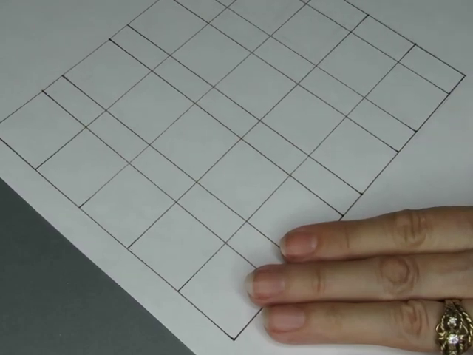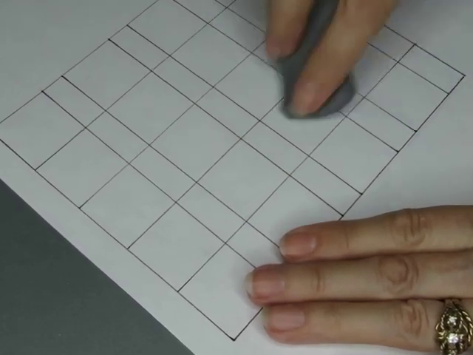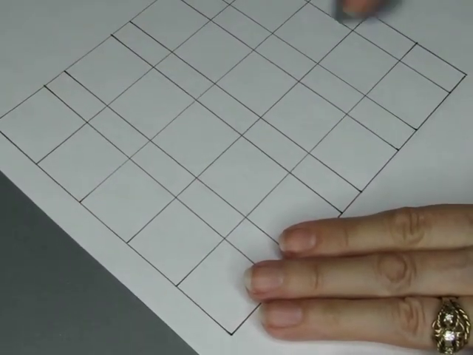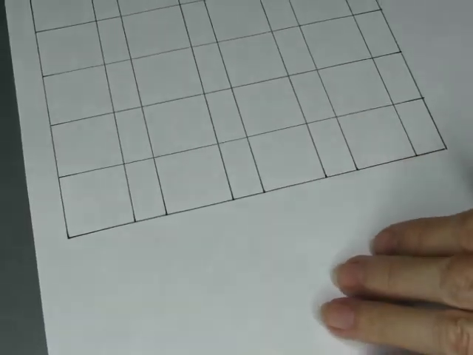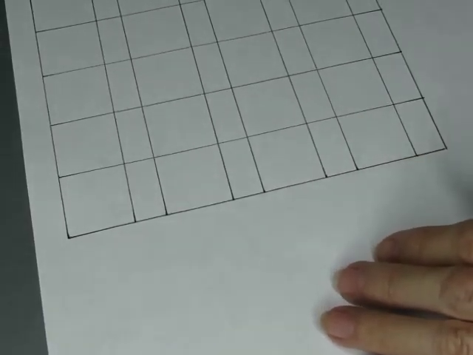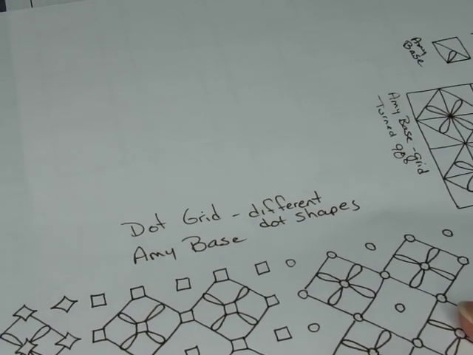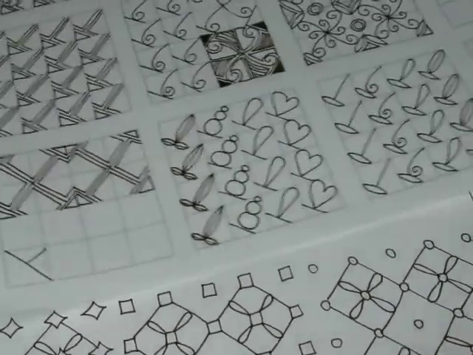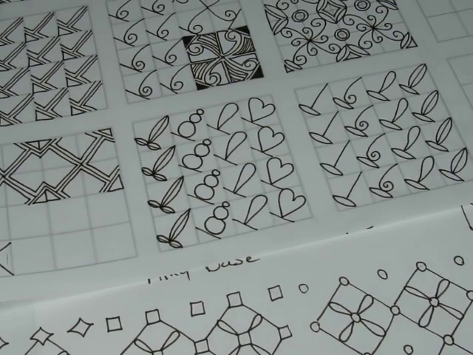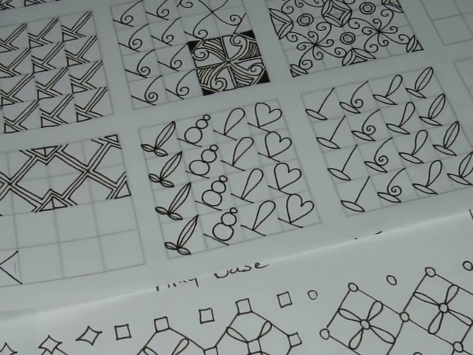So how am I going to play with this grid? Let's do 2 different patterns from the stuff that we've played with before, which is this page and this page. What did I like? What didn't I like? Where do I want to start?